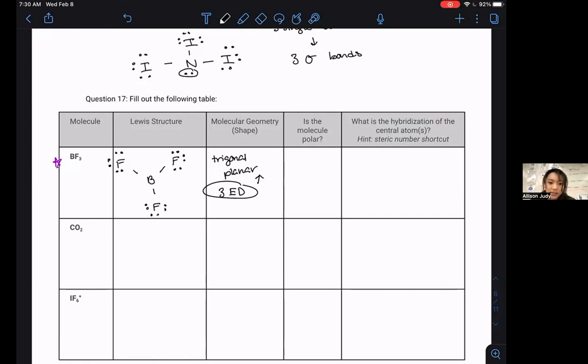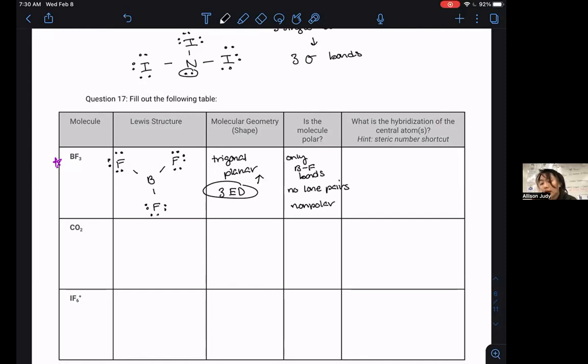Well, we look at B and F, and we have only B-F bonds, so they're pulling at an equal angle around boron. We also have no lone pairs around the central atom, so there isn't any gigantic negative zone. And so we would say this is a nonpolar overall molecule.